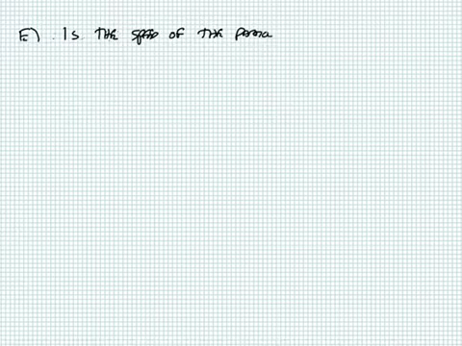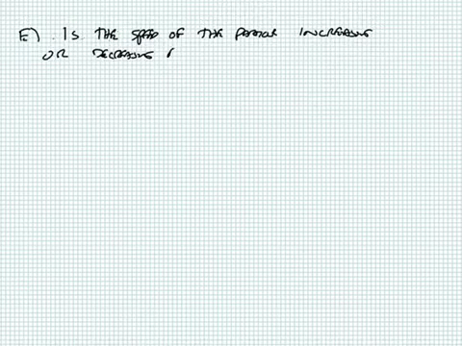Okay, so for part E, is the speed of the particle increasing or decreasing at time equals 1.0 seconds.